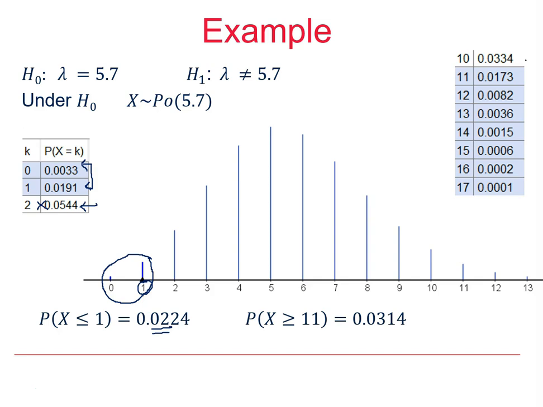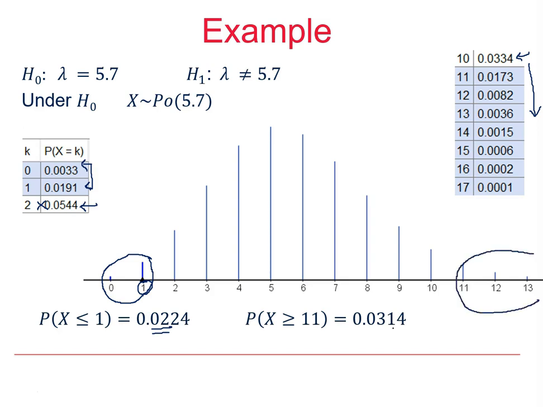And if we look at the top end, again, this is probably easier to do on the calculator. The probability of getting exactly 10 is 0.0334, and by the time you add in all the more extreme outcomes that we must include, that comes to over 5%. So our critical region is actually 11 or more.